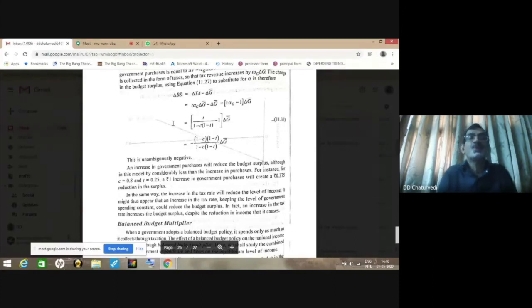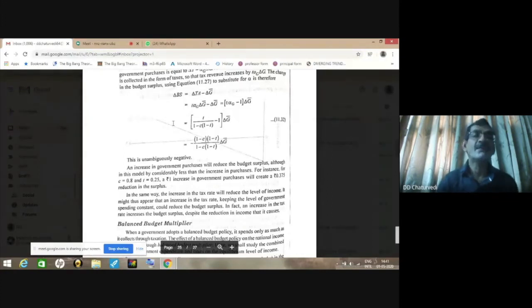I have already told you that in order to derive this equation, we are using the formula of alpha G, the government expenditure multiplier, which is equal to delta Y divided by delta G. So for delta Y, we can write alpha G multiplied by delta G bar.